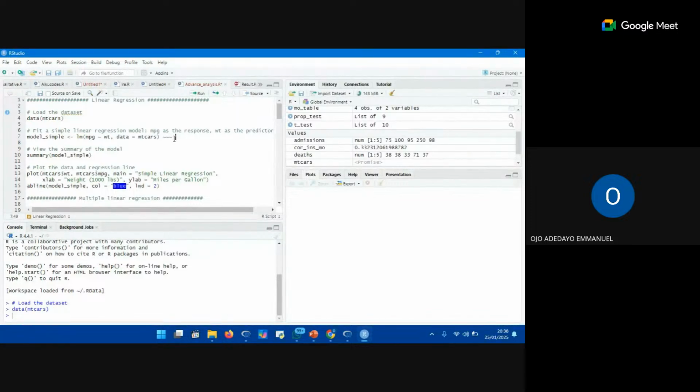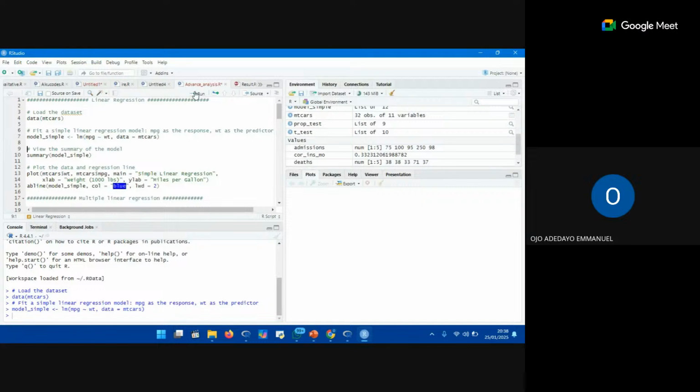It's going to give you that symbol, the tilde. That is how you get it. Then the data that you want to use is mtcars. By the time you do that, you are going to have the model. You are going to run it here.